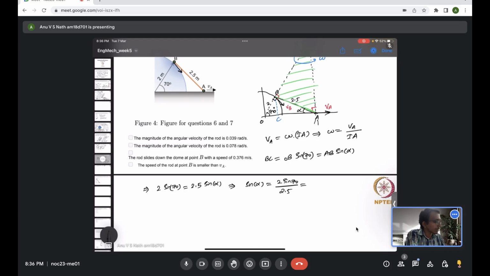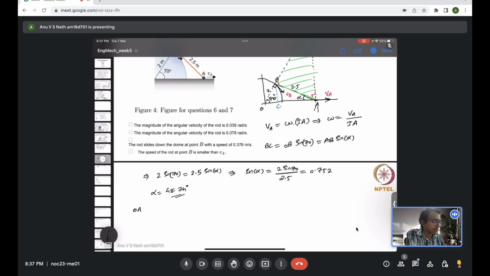It's 0.752. So you can evaluate what is alpha, which is 48.74 degree. So now we know what is alpha.